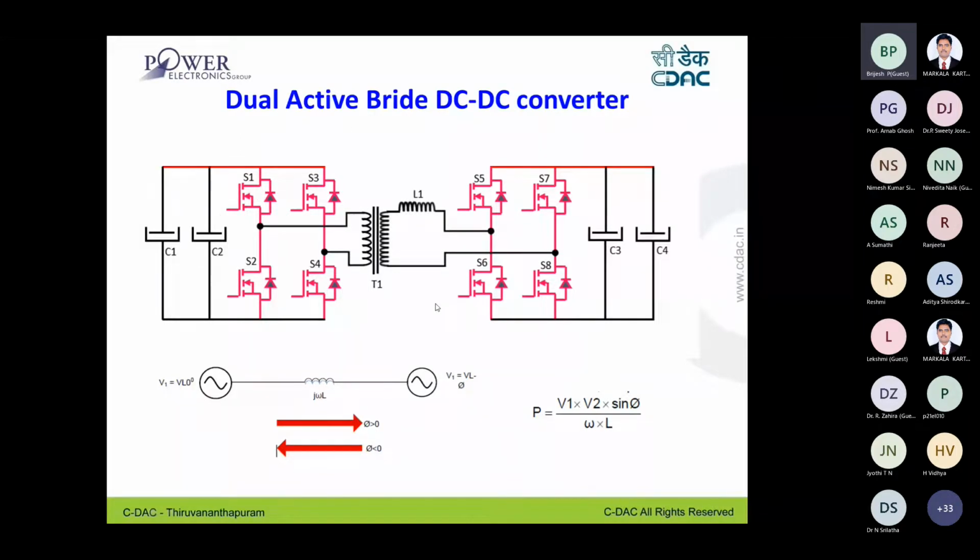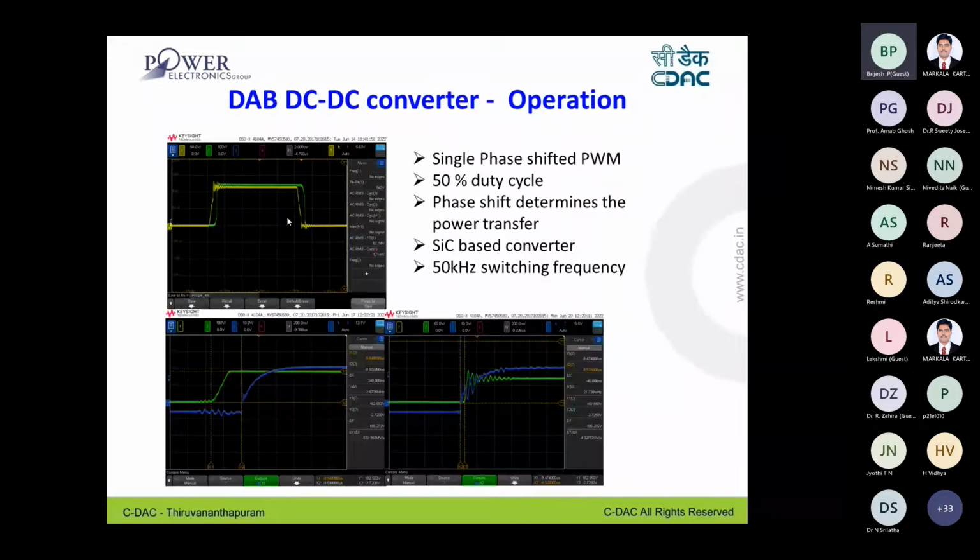So with a dual active bridge converter, you can reduce your form factor easily. You can just see the waveforms. Here you have two switching waveforms. Basically, for controlling a dual active bridge converter, you can go for different modulation techniques.